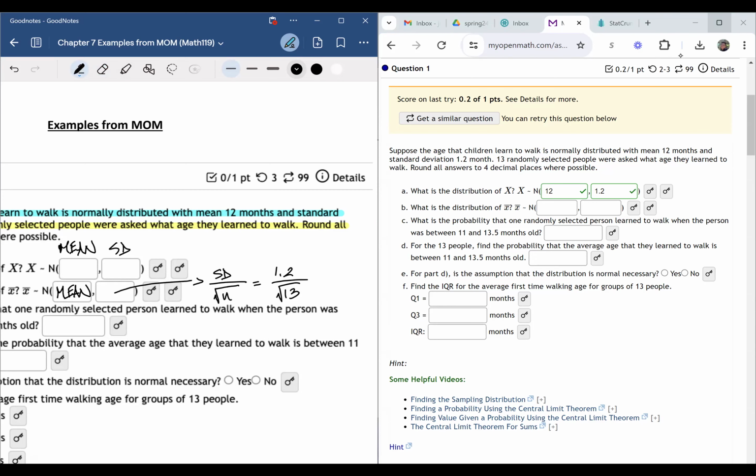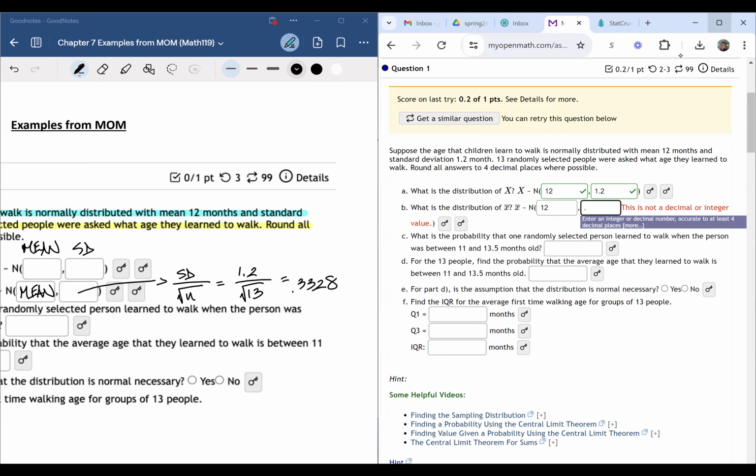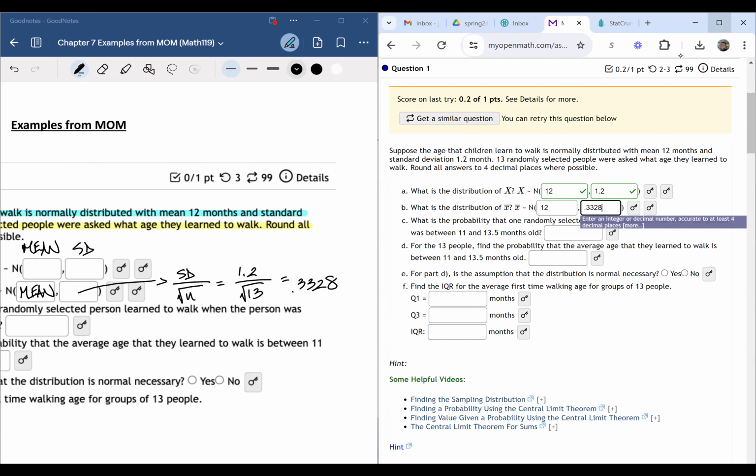And when we type that into the calculator, we end up with 0.3328, all right? I'm going to go over to the My Open Math screen and type in 12 for the mean and then the standard deviation of the means is going to be 0.3328.